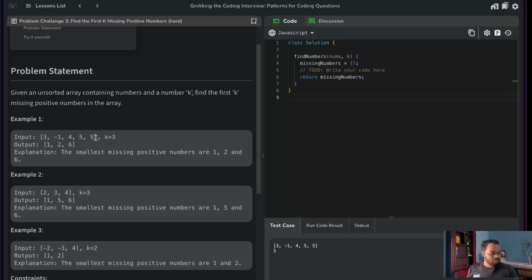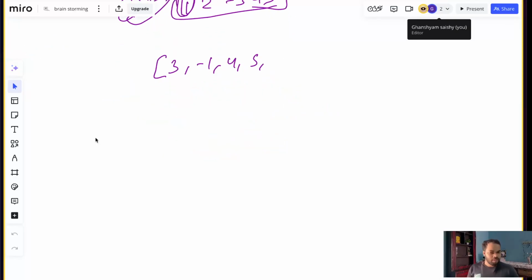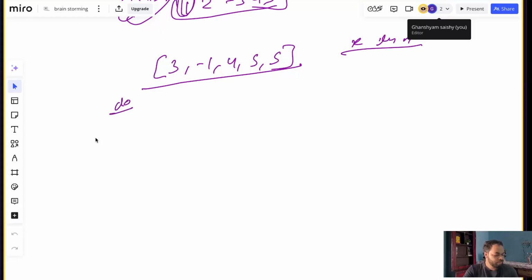Okay, so if you see here, this was given to us and it is asking us to find the first k least positive numbers. If you try to solve it, maybe you just sort it and then solve it, but that's not the way we are going to do it.